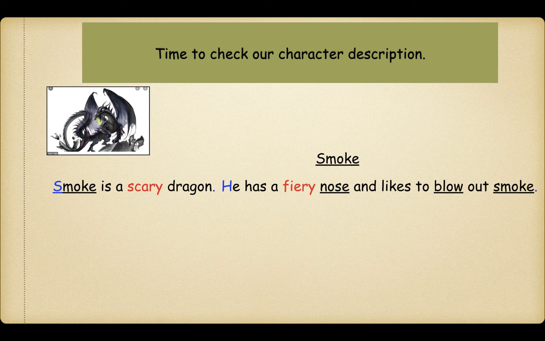So let's carry on. He starts with a capital letter. The letter H is a capital because you start a sentence with a capital letter. Fiery is the adjective and it describes a nose. And the nose is a noun.